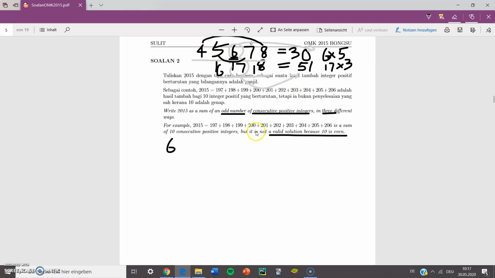So we have a middle number within these strings, and when we multiply it by the amount of consecutive positive integers in the string, it will amount to 2015.